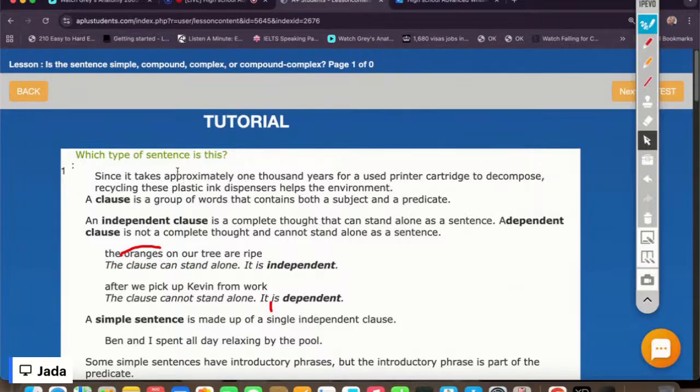So let's look at some examples. Okay, so we have which type of sentence is this? Since it takes approximately 1000 years for a used printer cartridge to decompose, recycling these plastic ink dispensers help the environment. So what sentence is this?